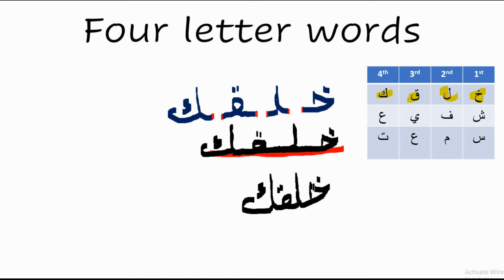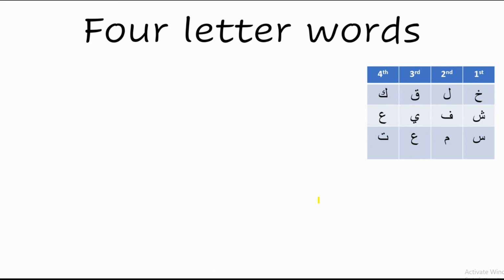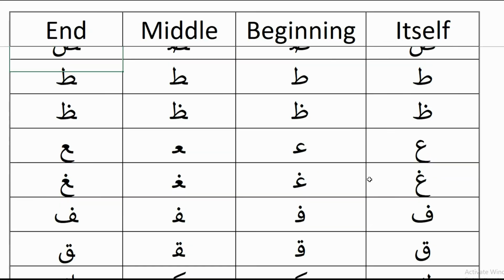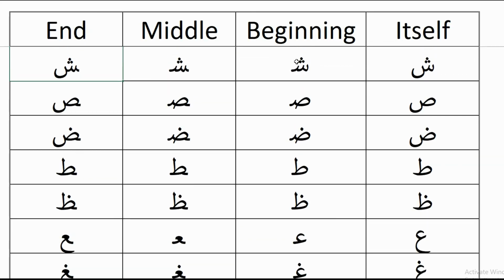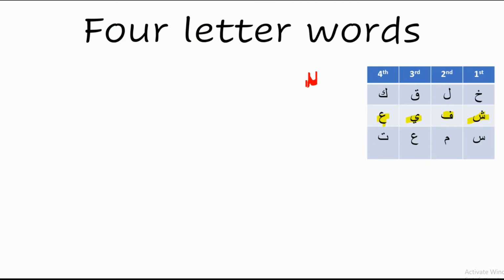That's how it will look. Let's go to the next word. So now we're going to be joining sheen, fa, ya, and ain. Sheen is in the beginning, ain is at the end, these two are in the middle. This is how sheen looks in the beginning. Let's copy it. This is sheen. Let's see how fa looks in the middle.